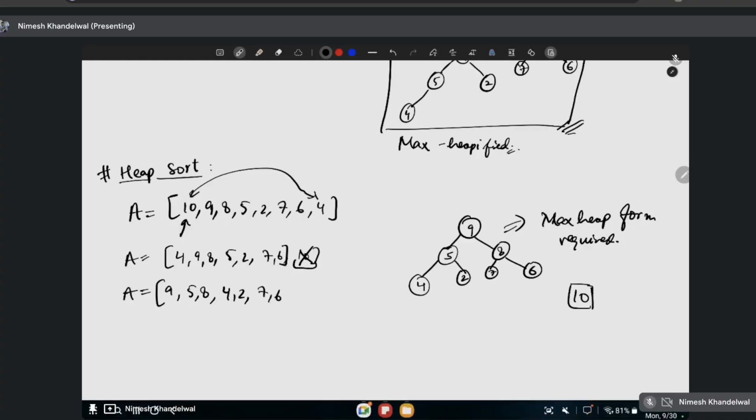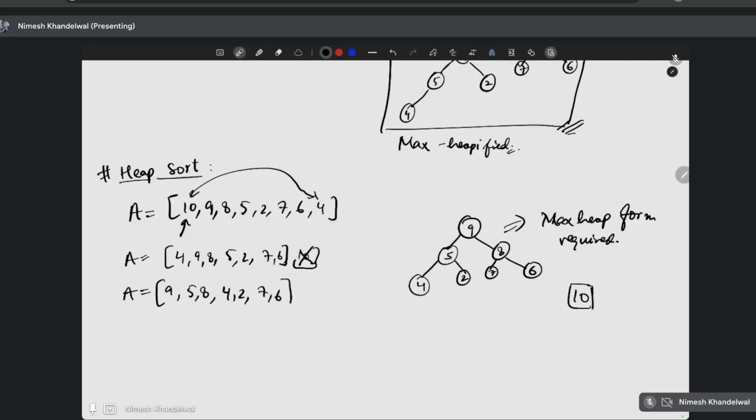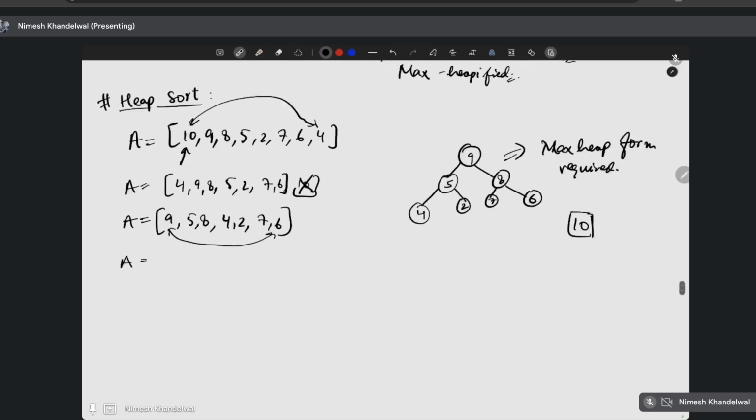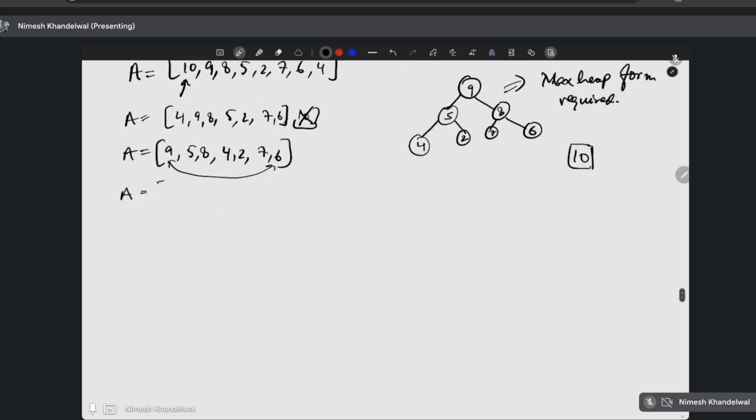4, 2, 7, 6. Okay. Now since this is the max heap, we replace 9 with the last element, 5, 8, 4, 2, 7, 9, and then we push 9 out.